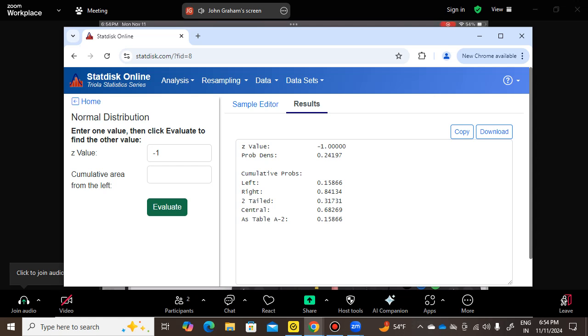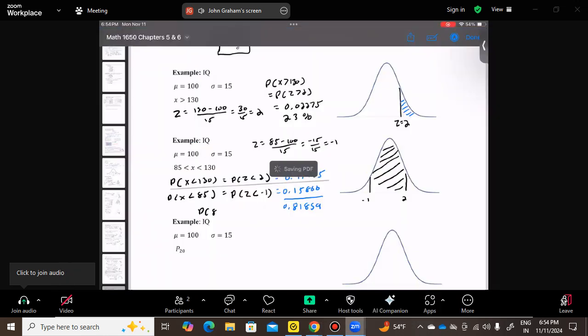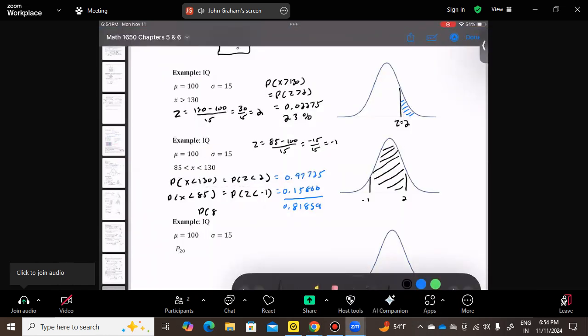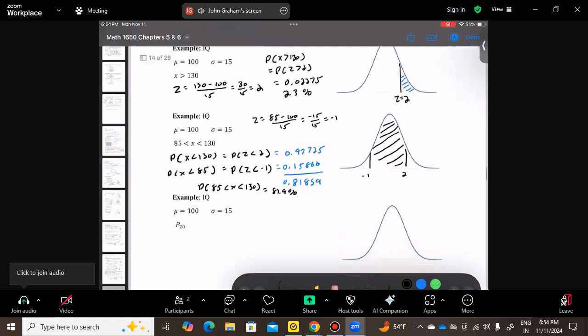So the probability of an x-score being between 85 and 130 is equal to 81.9%.